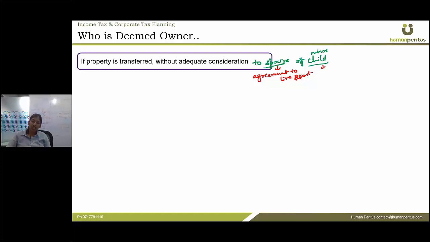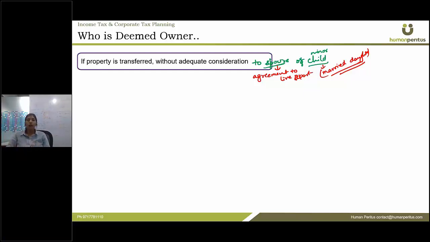And in the case of a minor child, if the minor child is a married daughter, then it is the property of the married daughter only, not the SSC's. But if the minor child is a son or an unmarried daughter, the SSC will become the deemed owner.